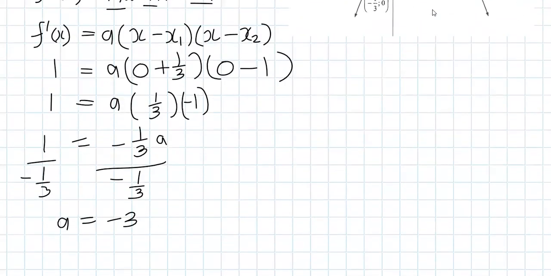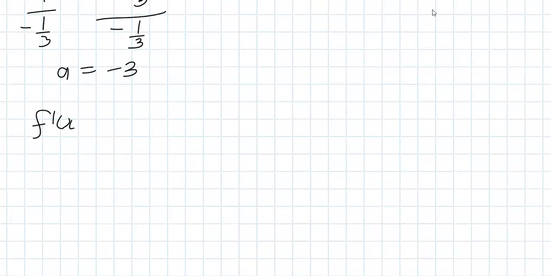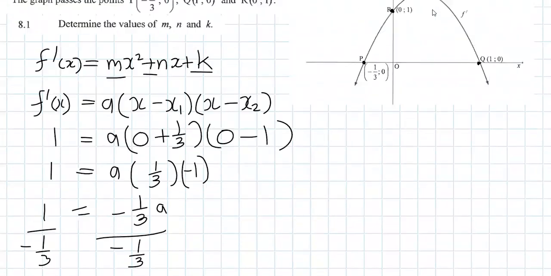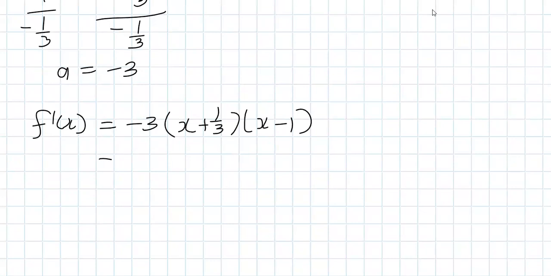We can sub a into the x-intercept form. So our f dash of x has our a value, with x plus a third and x minus 1. The final step is to multiply this all out to have it in standard form. So minus 3 times x squared plus 1 over 3 x minus 1 x minus a third.